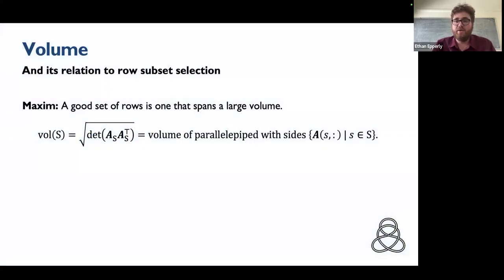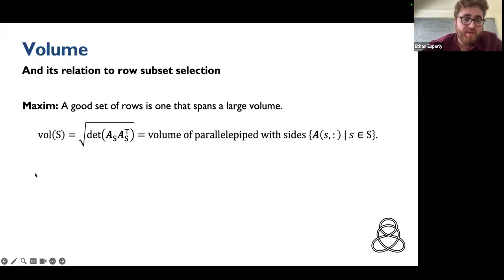Now, let me begin by telling you something about volume and why it's related to row selection. There's a maxim that's been around for nearly 30 years at this point, maybe actually more than that. And this maxim states that a good subset of rows for our row subset selection problem is one that spans a large volume.